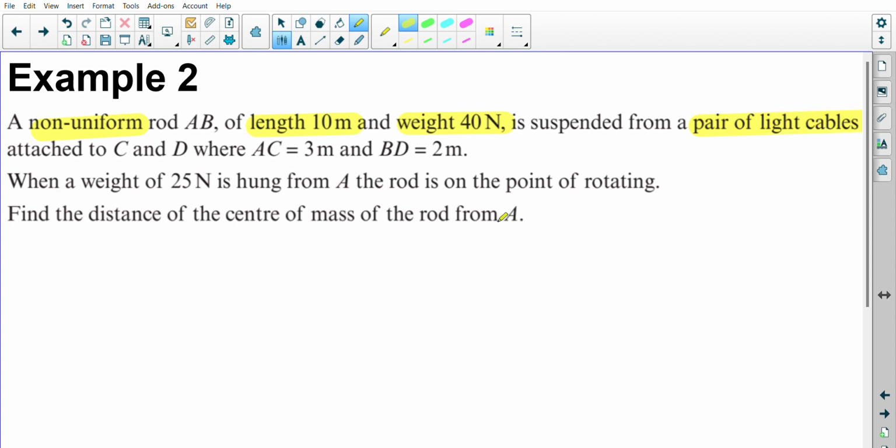They're attached at C and D, where AC is 3 meters and BD is 2 meters. When a weight of 25 newtons is hung from A, the rod is on the point of rotating. So find the distance of the centre of mass of the rod from A.